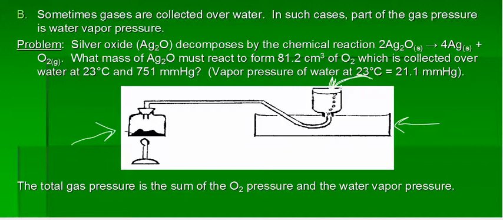So the main correction with this problem is we have to determine the pressure of oxygen. And you'll notice I've given you the vapor pressure of water is 21.1 millimeters of mercury. So the main correction we have to do if something is collected over water, we have to take the total pressure, which in this case was 751 millimeters, and we have to subtract the vapor pressure for water, which I told you was 21.1.